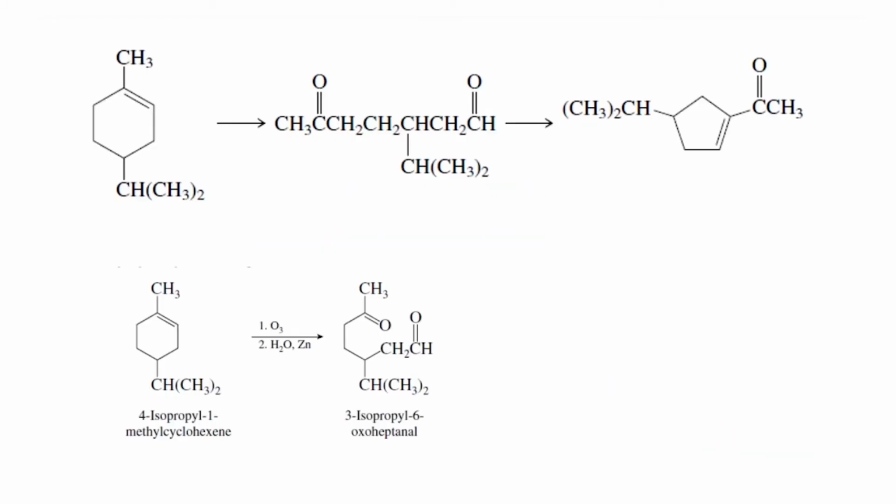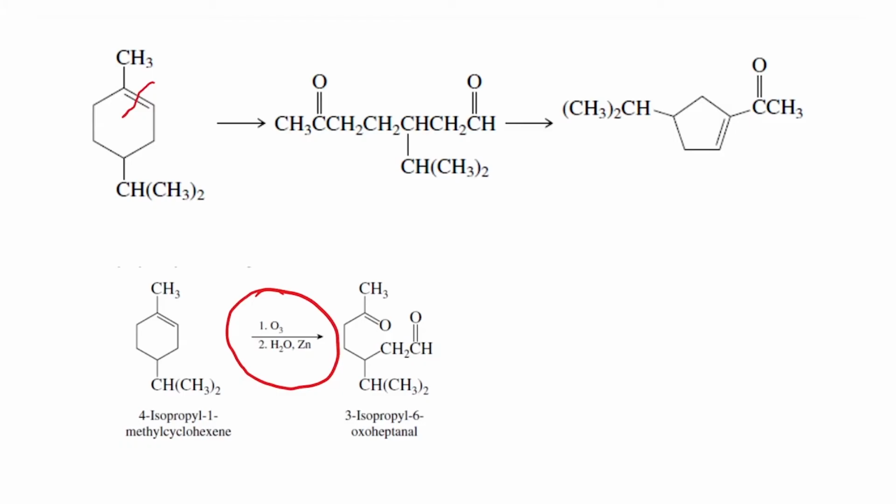So here, you have a cyclohexyl ring compound, and this ring compound is actually opened up, as you can see here. Like we discussed earlier, one of the reactions that you have studied in the past is ozonolysis. And so you can use ozonolysis to break this carbon-carbon double bond, and that gives you a dicarbonyl compound as shown here.